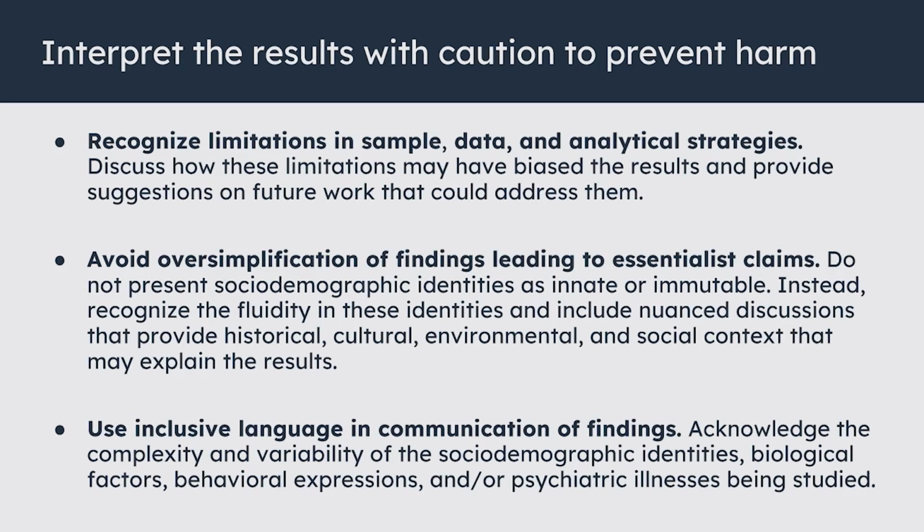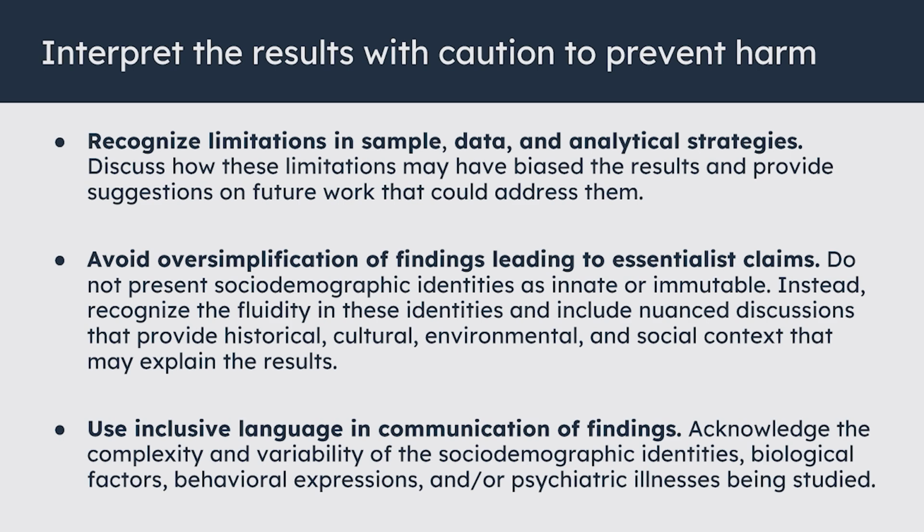And finally, we want to interpret our results with caution to prevent harm. By recognizing the limitations in our sample, in our data, and in our analytical strategies, we can start to think about how that may have biased our results and what we could do in the future to do it better. And we want to avoid oversimplification of findings that can lead to essentialist claims. So we don't just want to say, oh, we found this in males, so this is a very male thing, or we found this in females, so this is a very female thing.